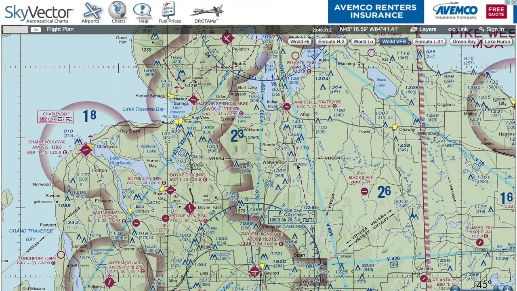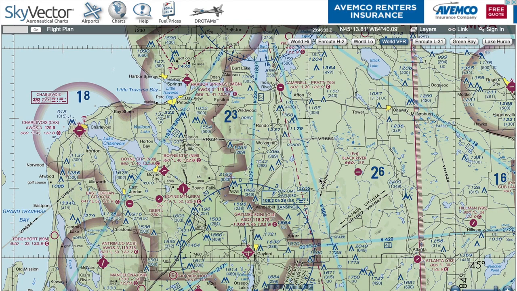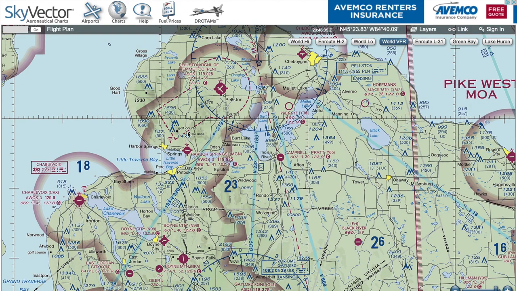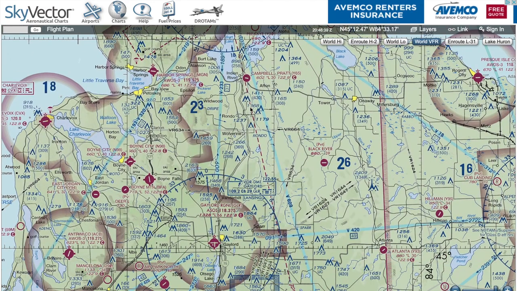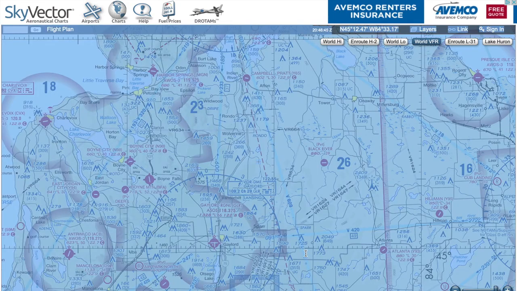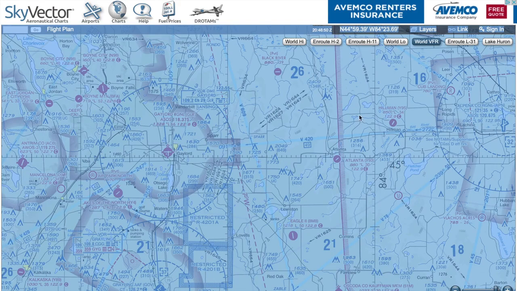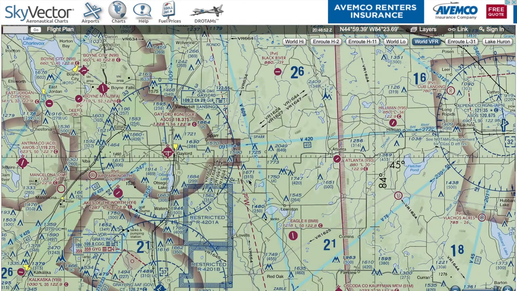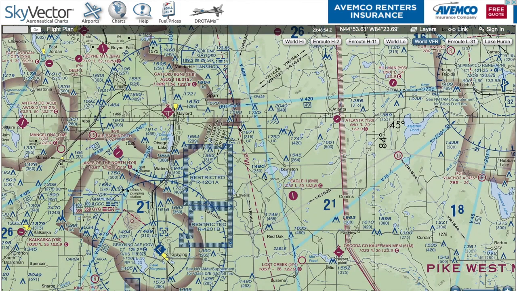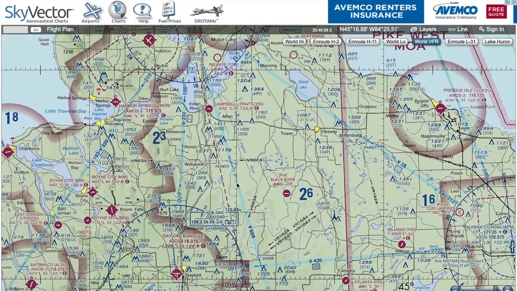A few other little tidbits. When you're looking at this dash line, don't be confused with that dash line with this one. These are lines of magnetic variation. As we go east to west, well, here's a trivial question.